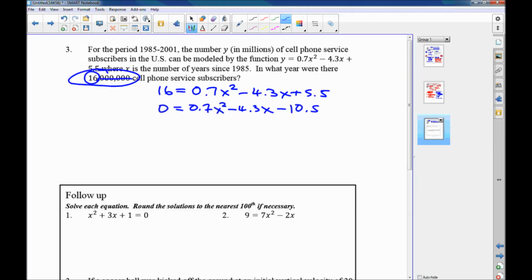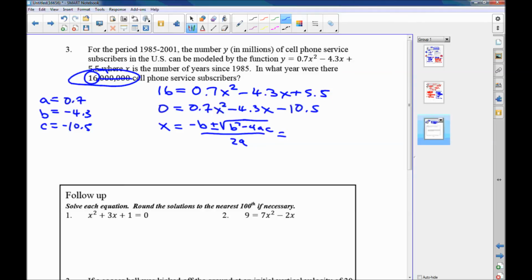Okay, so in this case, our A value was 0.7, our B value is negative 4.3, and our C value is negative 10.5. So x equals negative b plus or minus the square root of b squared minus 4ac all over 2a.